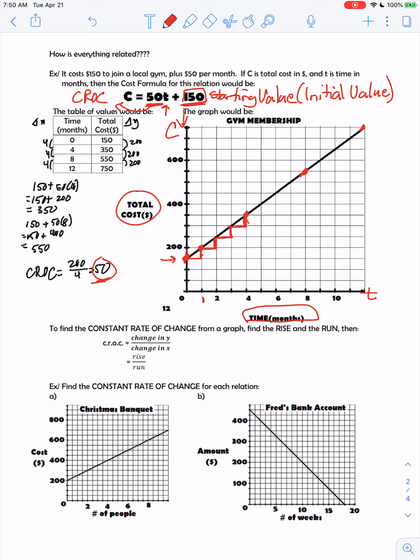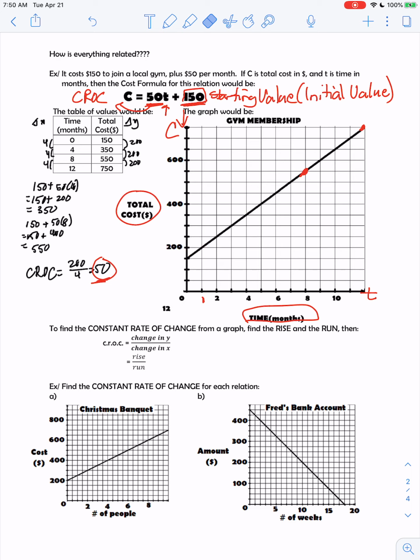So every month, the graph is going up by $50, and that makes sense because the cost goes up by $50 per month. So the angle that the graph takes tells us what the rate of change is.